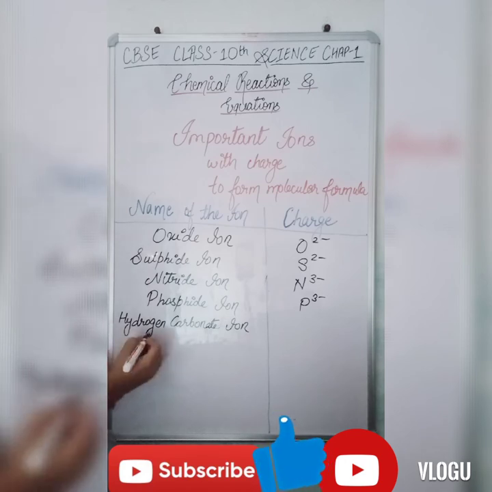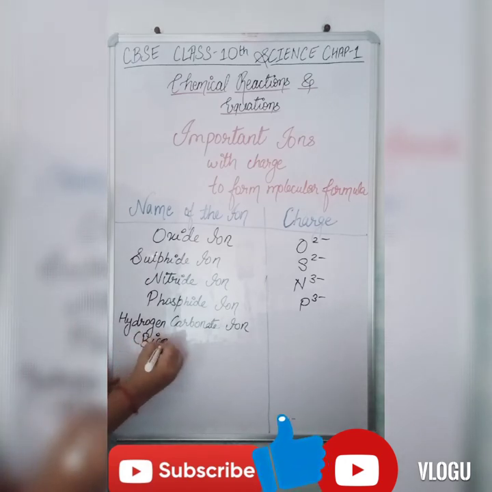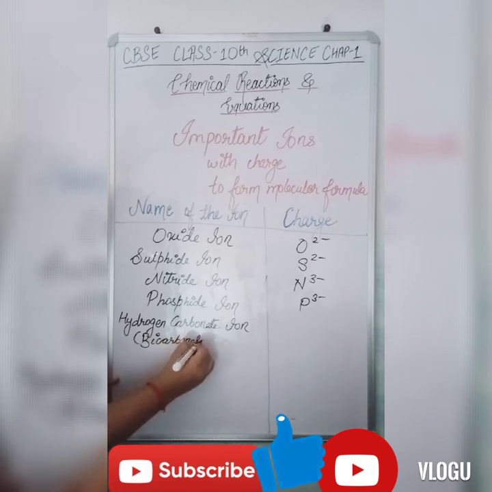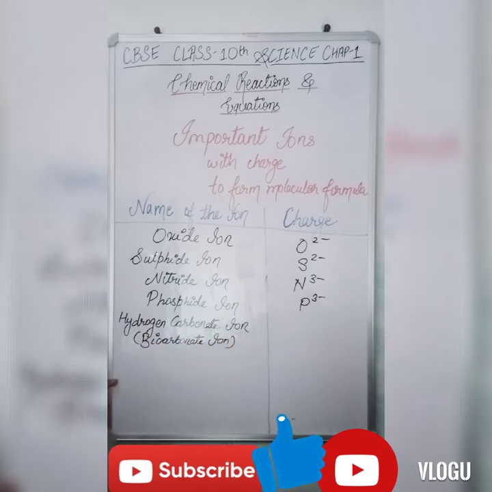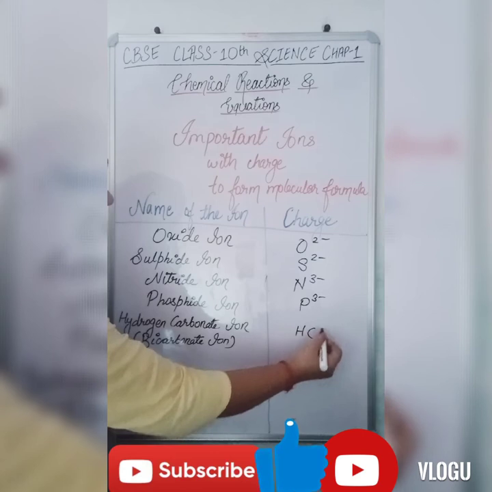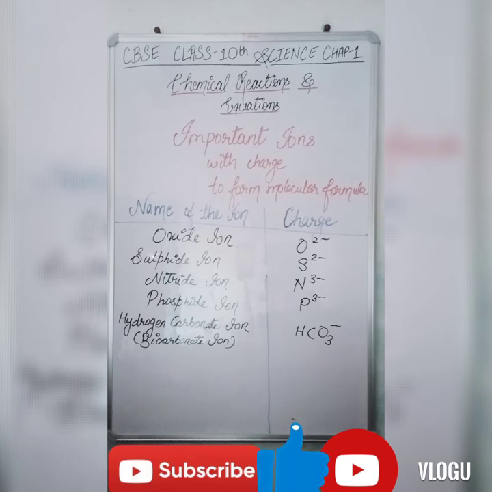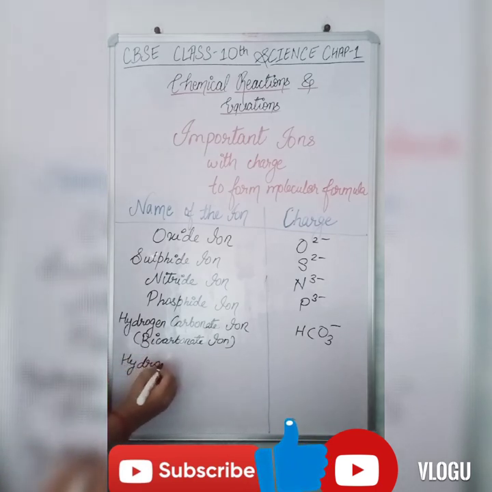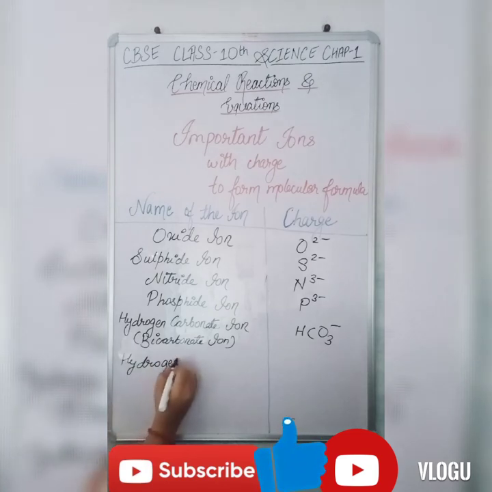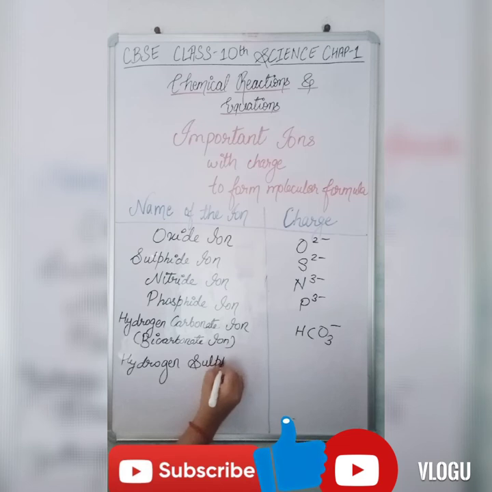Hydrogen carbonate ion is also known as bicarbonate ion, and its formula is HCO3 minus. Another polyatomic ion is hydrogen sulfate ion.